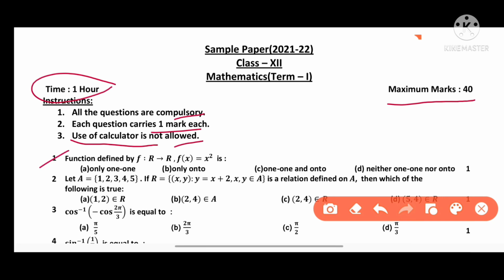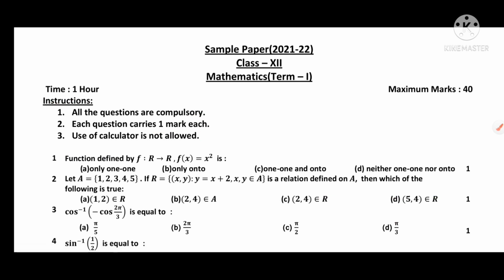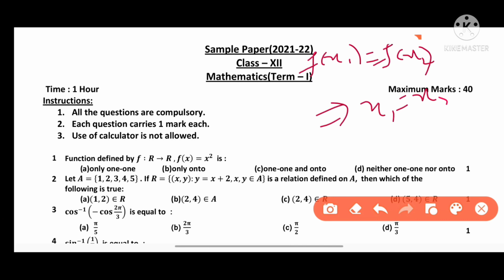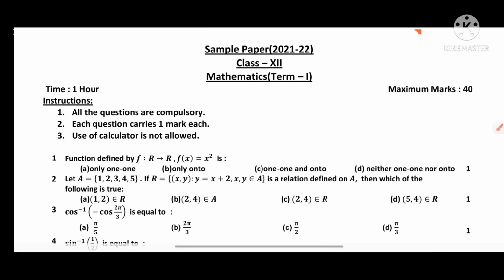First question. The function f defined from R to R by f(x) is equal to x square is. Now for one-one, if f(x1) is equal to f(x2) implies x1 is equal to x2, then it is one-one, otherwise it is not one-one.